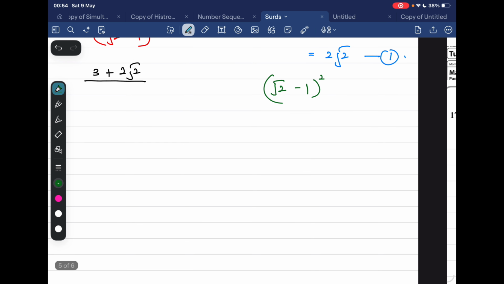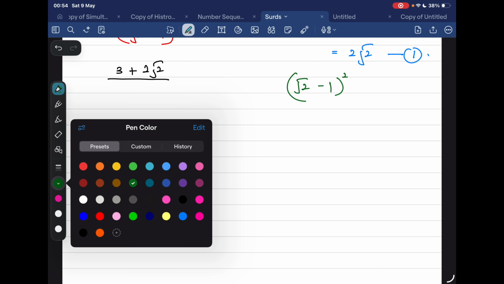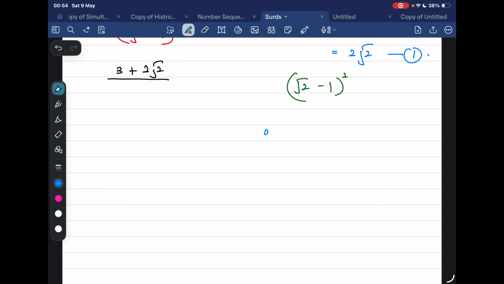So (a minus b) squared: the first term squared, minus 2 times a times b, plus b squared, which should be plus.